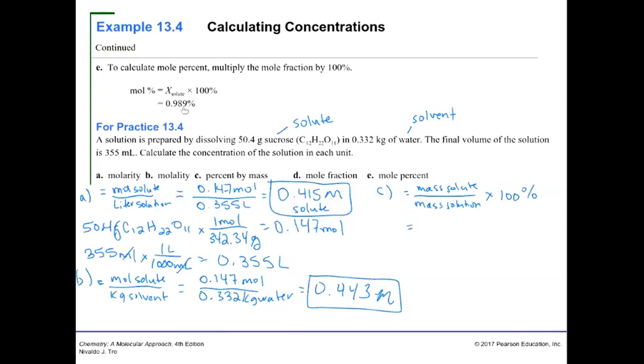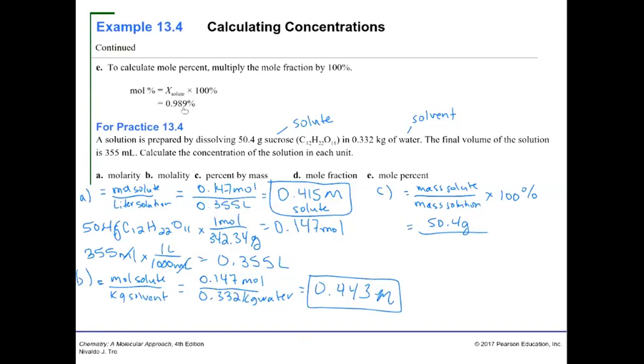The mass of the solute, again, is given: 50.4 grams of sucrose is our solute. The mass of the entire solution is not given. We are given the volume of the entire solution, so if we knew the density of the solution, we could find the total mass that way.